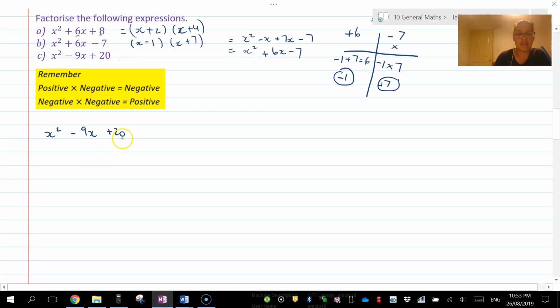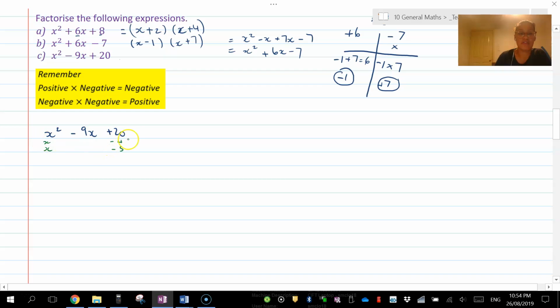Let's go green. I'm going to find multiples, so 4 and 5. But I know now that the middle is negative and this is positive, so this is the clue for you: generally, it's going to be two negatives, minus 4, minus 5. And my x's are here, x, x.